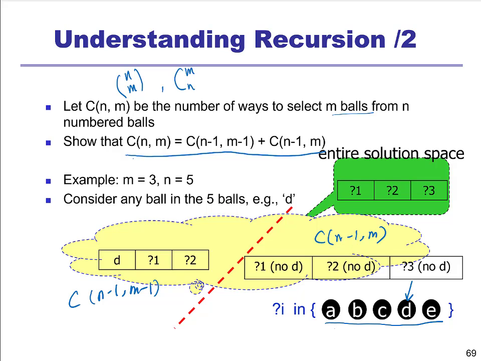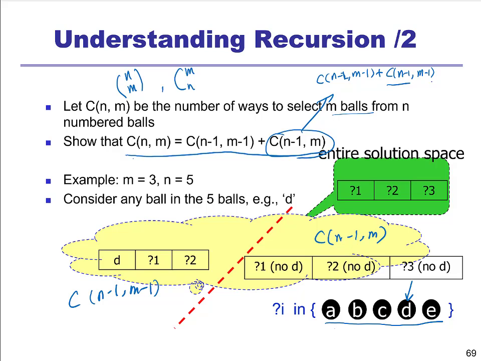The reason I put it here is because, say, now let's consider C n minus 1, m minus 1, and C n minus 1, m. In order to compute C n minus 1, m, we actually need to compute C n minus 2, m minus 1, and C n minus 2, m, right? According to this formula.